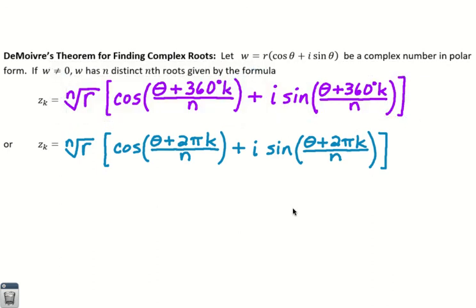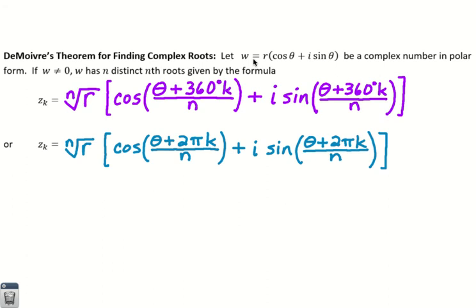Now, if we are given a complex number just like this, and we're asked to find all of the nth roots, all the 3rd roots or the 4th roots or the 5th roots, then as we think about how we're going to plug into this formula, the n is going to be like what kind of roots we're finding.